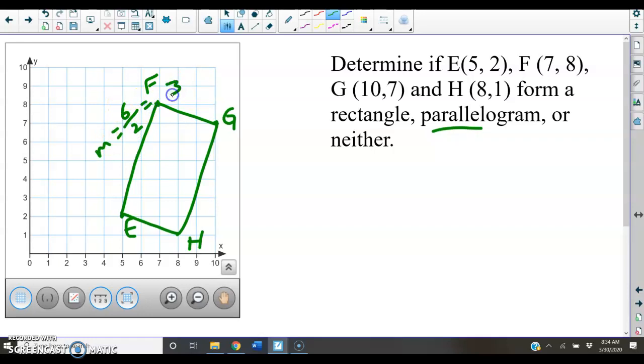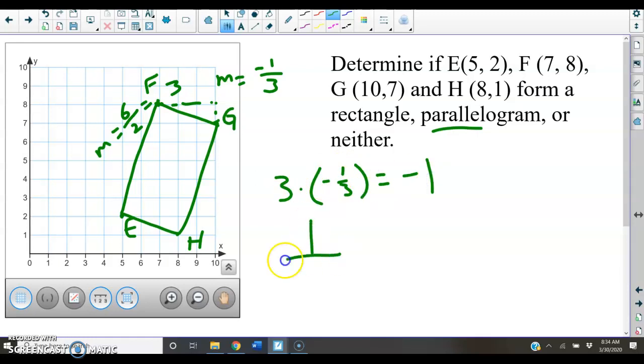So our slope is 3. From F to G, we went over 3, down 1, so the slope is negative one third. And the product of the slopes is -1, so they are perpendicular. Therefore, it's a rectangle as well as a parallelogram.